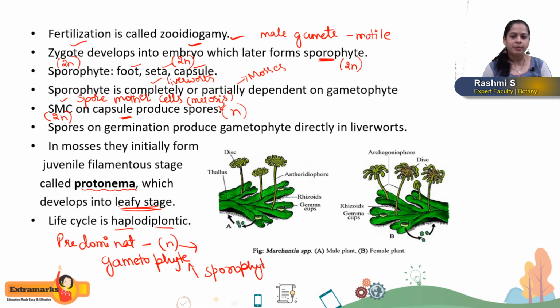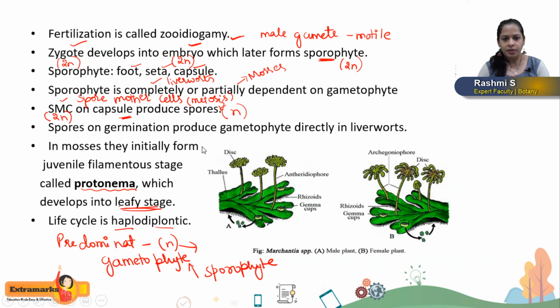The predominant gametophyte alternates with the sporophytic generation, hence it is called a haplodiplontic life cycle. So the main independent plant body is gametophytic, so we call it haplodiplontic. Otherwise, in pteridophytes we call it diplohaplontic.